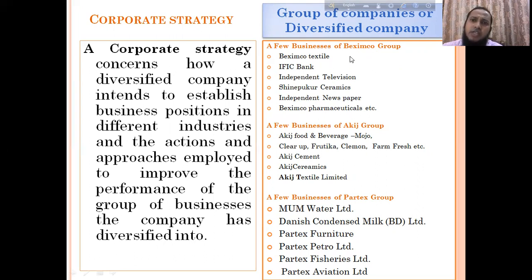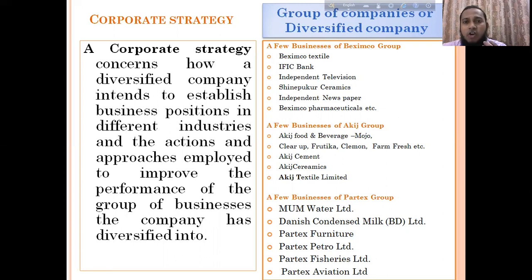Let's think: Big Simco Group operates so many businesses, and at the time of formulating the corporate strategy, the top management will formulate it so that all the businesses that Big Simco Group operates will be able to establish a strong market position in different industries.